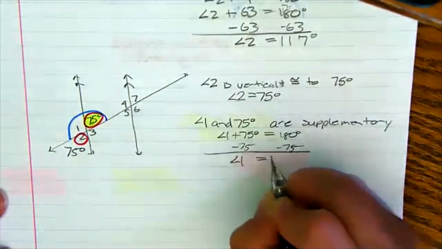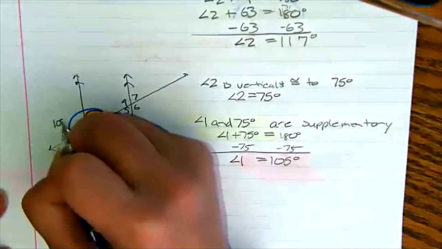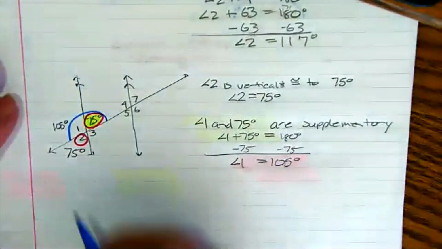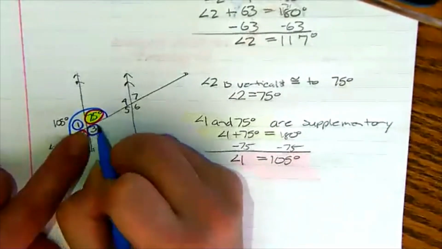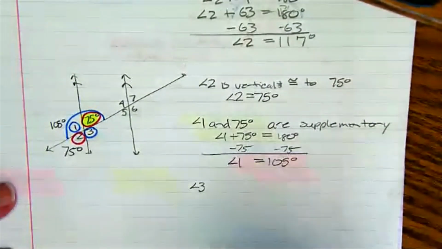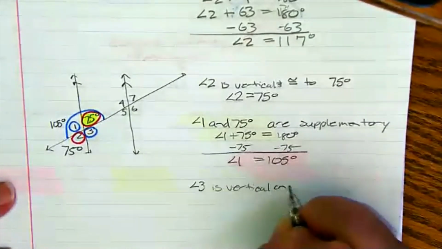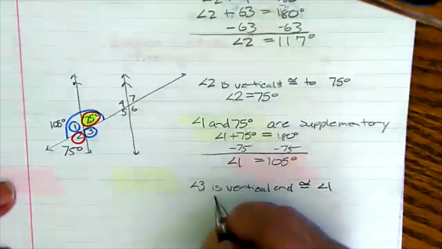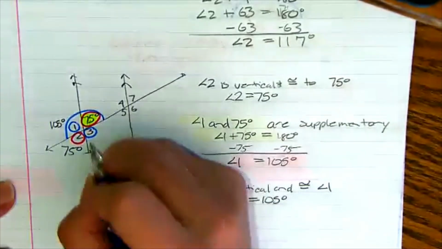Angle 1 is equal to 105 degrees. Well, if angle 1 is 105 degrees, angle 3 is vertical and congruent to angle 1. Therefore, angle 3 is equal to 105 degrees.